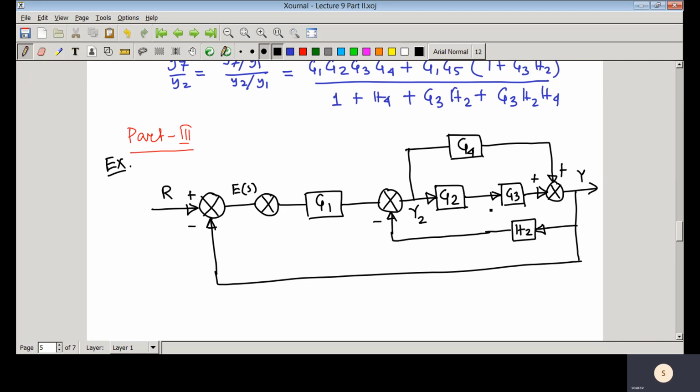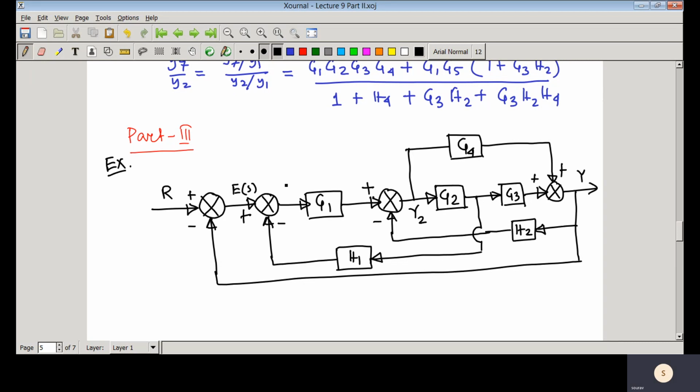Now basically there are three loops. This is a closed loop control system, and we are trying to represent it by a signal flow graph.